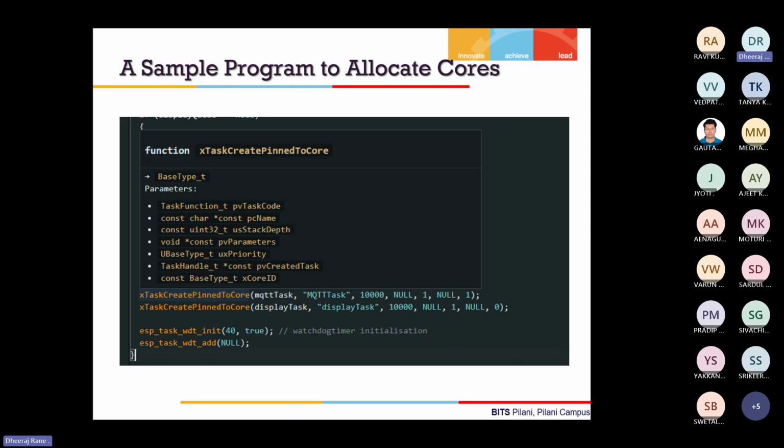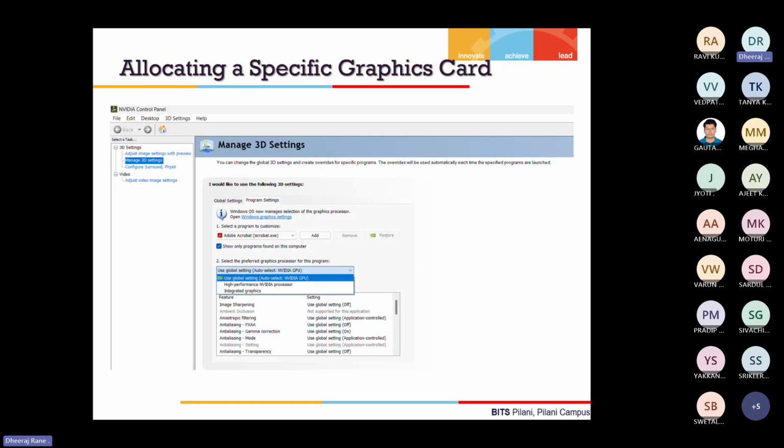So that's why we provided one specific core to the display task within that particular ESP32. This way we can include the CPU cores. At the same time, the graphics card is to be specified.